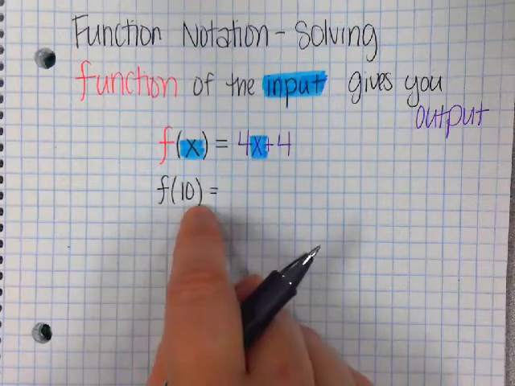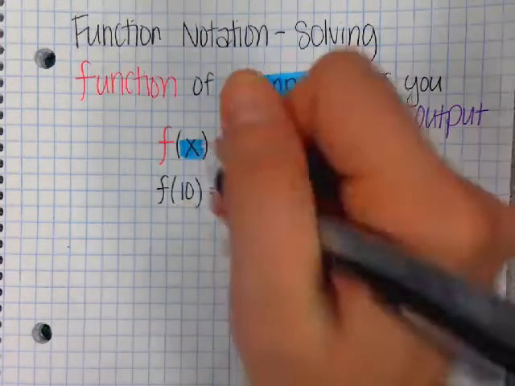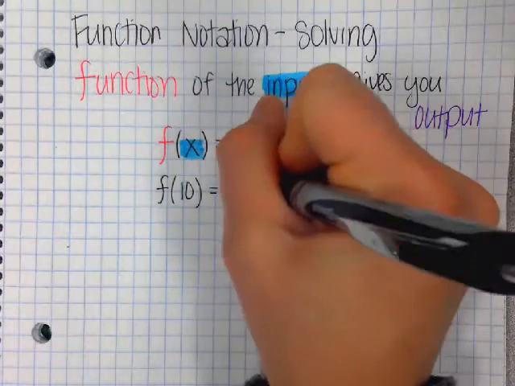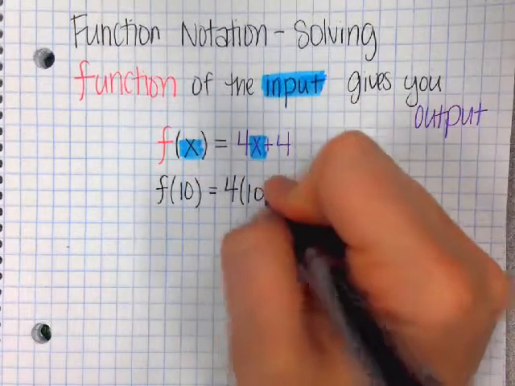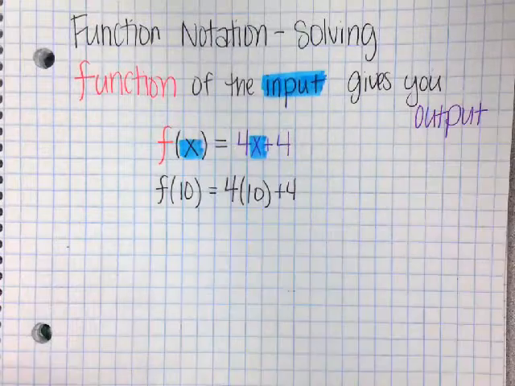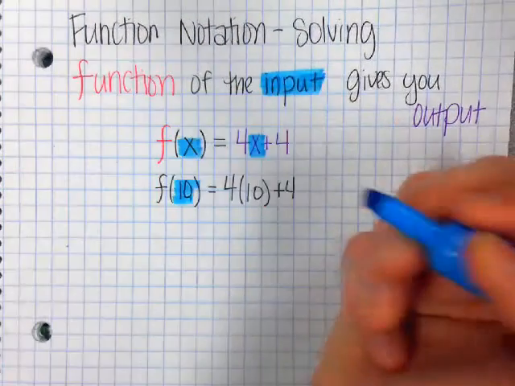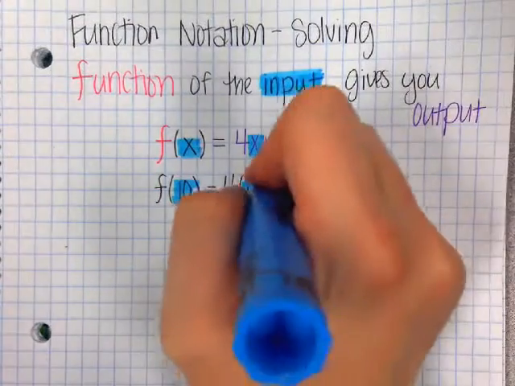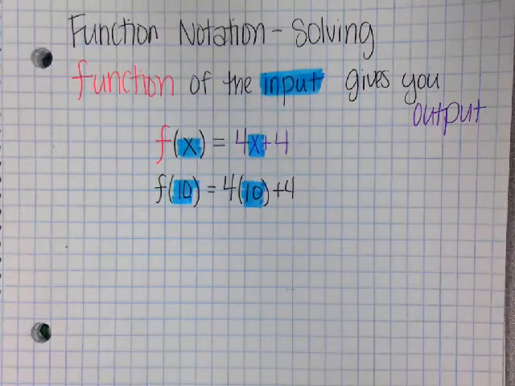So it's function of the input, and it's telling you to use 10 as your input. So it'd be 4, change x to 10, plus 4. The number or variable inside of the parentheses is the number or variable you're going to use inside of that parentheses.